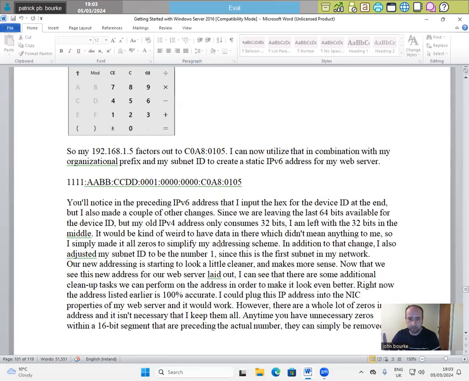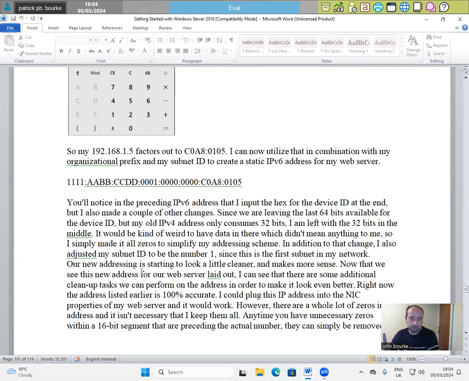It would be kind of weird to have data in there which didn't mean anything to me, so I simply made it all zeros to simplify my addressing scheme. In addition, I also adjusted my subnet ID to be the number 1, since this is the first subnet in my network.